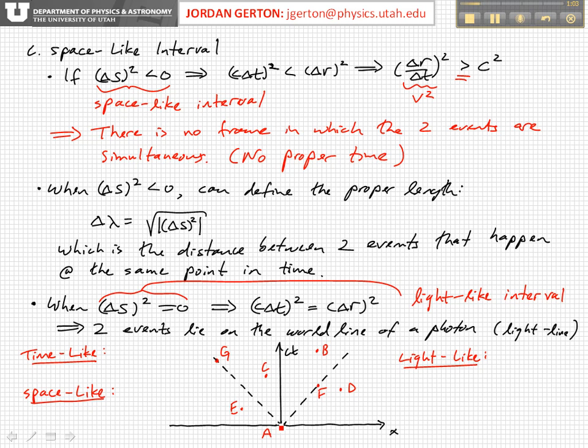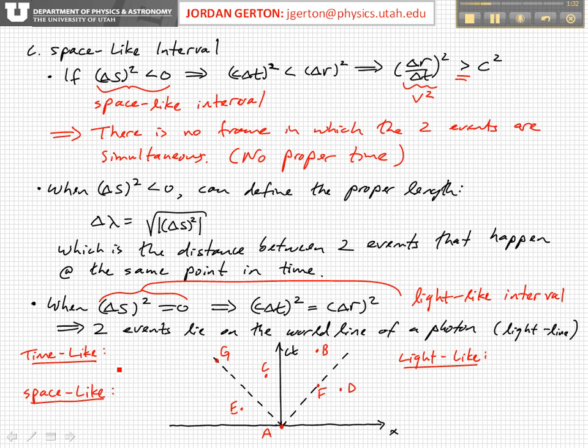These are the world lines of a photon, the light lines with respect to A. So this is like if A sent out a signal in two different directions, plus x and minus x, at time equals 0 and from its own position, then those would be the world lines of those photons. That's the light cone. So events which happen within the light cone of event A are time-like intervals.